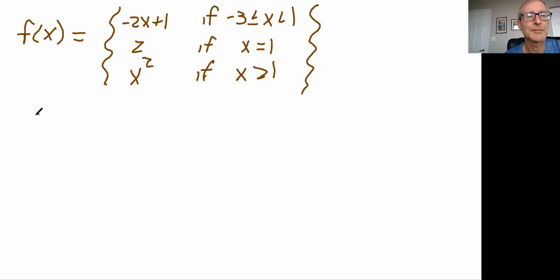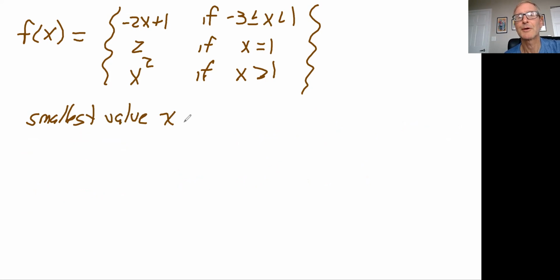So what's the smallest value of x? This is kind of how I think about it. You look on here and it looks like the smallest value is -3. And does it include -3? The answer is yes. So we're going to start with the bracket at -3, and then it goes all the way up to 1.